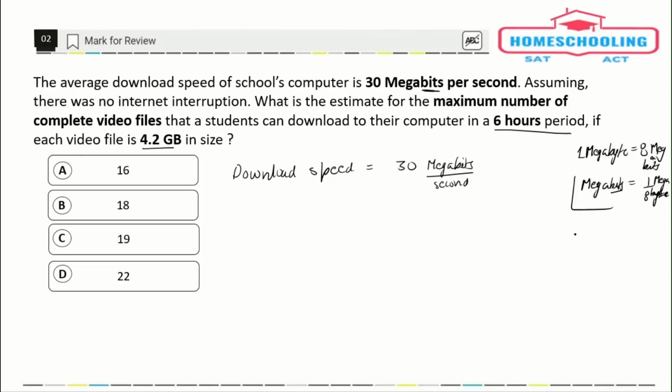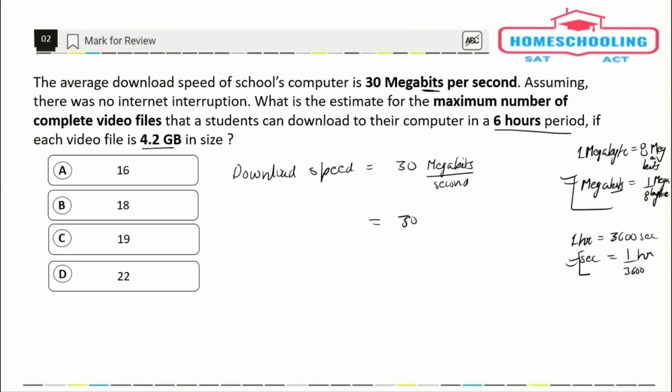Similarly, we know that in 1 hour we have 60 minutes and 1 minute has 60 seconds. So 1 hour is equal to 60 times 60, that is 3600 seconds. From this, 1 second is equal to 1 by 3600 hour. Now we will put these two, seconds and megabits, here.